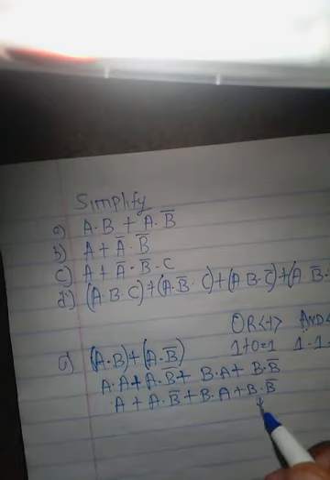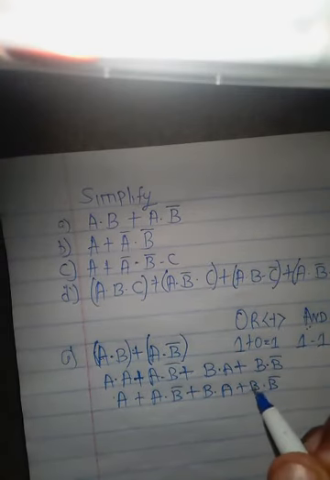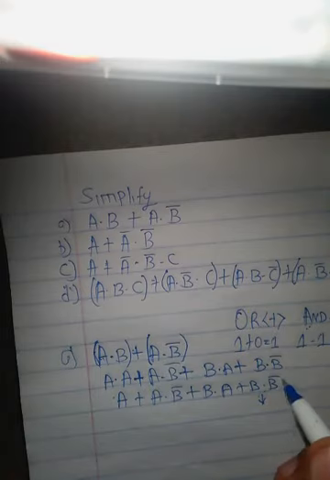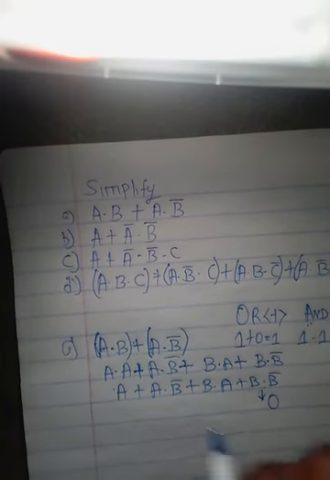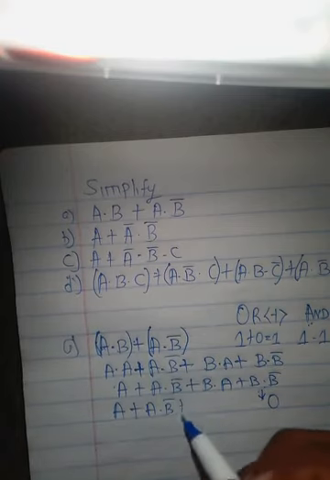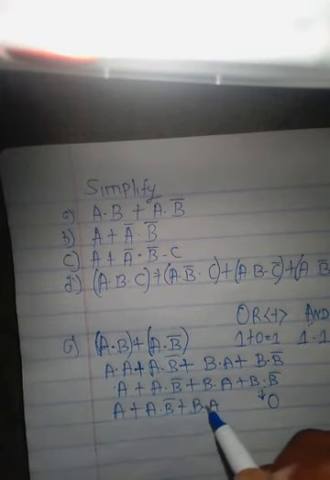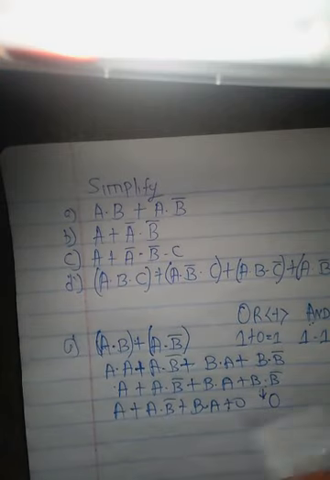If B is equal to 1, the inverse of B will be 0, so you have 1 and 0, which is equal to 0. And if B is 0, then the inverse is 1, so you have 0 and 1, which is still 0. So this evaluates to 0. We write that as A plus A dot B bar plus B dot A, and the last term is just 0.